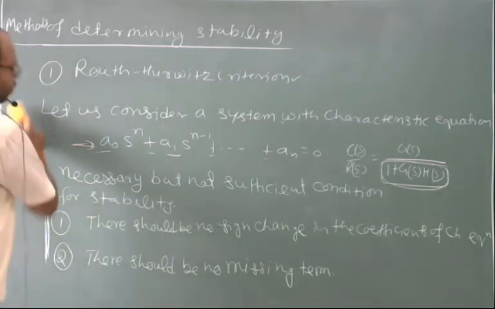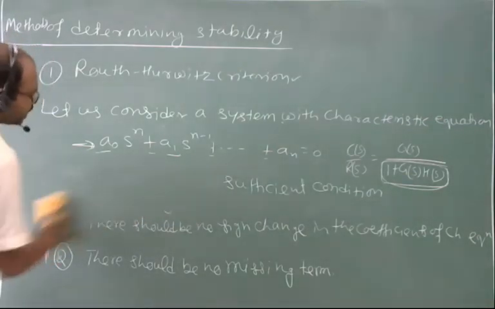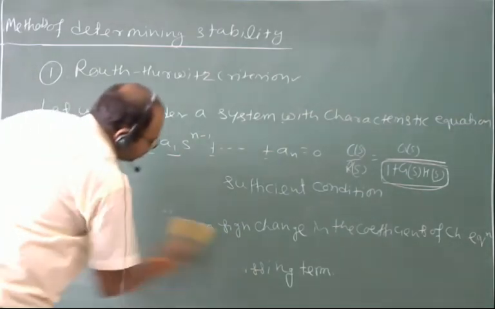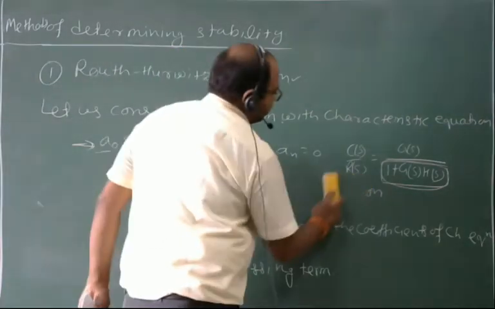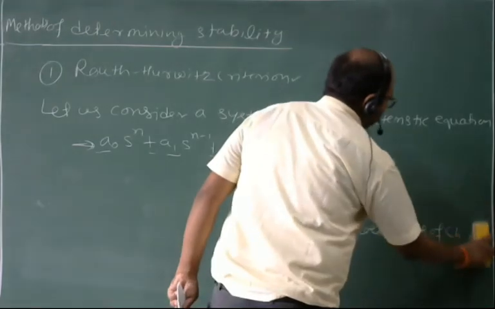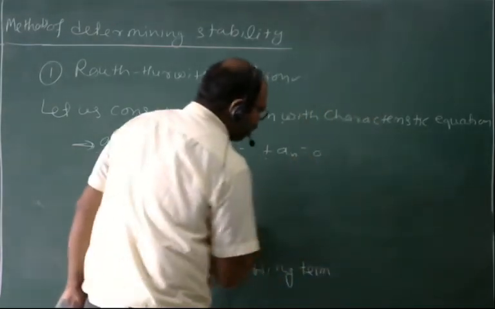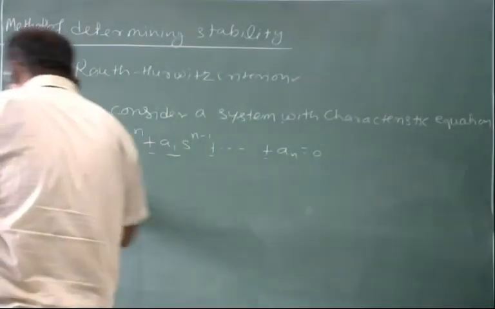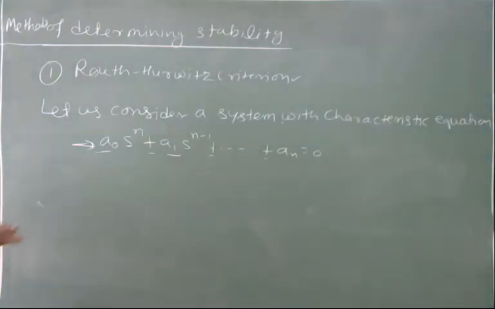So for this type of characteristic equation, I will make the Routh table or Routh array.